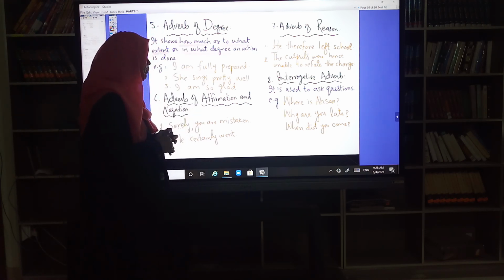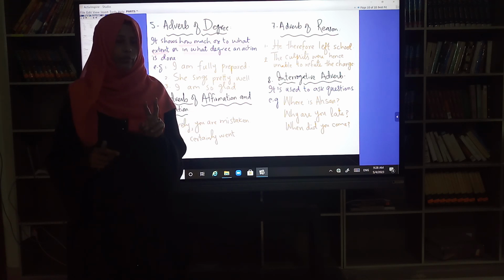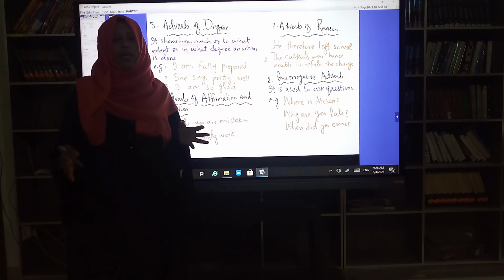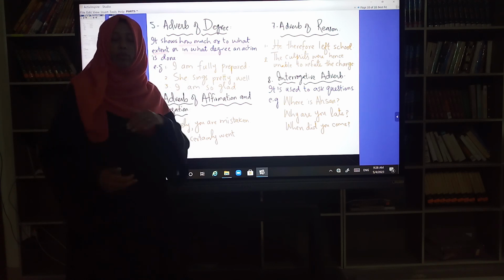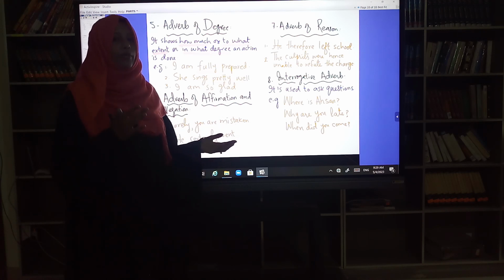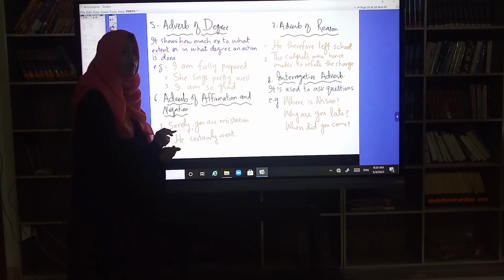Okay, next is adverb of affirmation and negation. Actually, there are only two adverbs, only two. Affirmation and negation means when you want to say yes and when you want to say no to anything and you want to use an adverb, then this is what you call adverb of affirmation and negation. For example, surely you are mistaken.